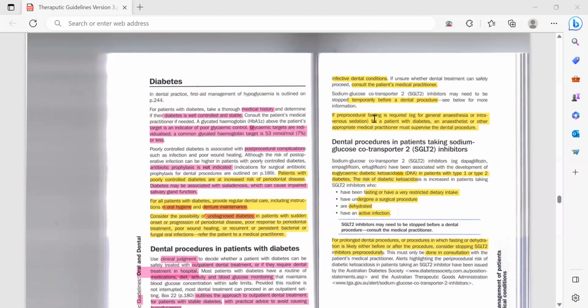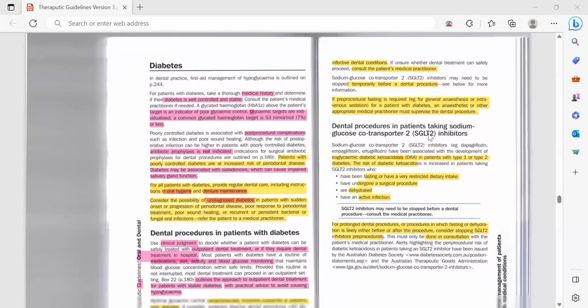If pre-procedural fasting is required, for example for procedures like general anesthesia or intravenous sedation for these diabetic patients, then the procedure must be supervised by the medical practitioner. So you won't be doing procedures which would require GA or IV sedation, because it is beyond the domain of a normal general dentist. You may need to do certain other procedures and obtain other certificates to do that.